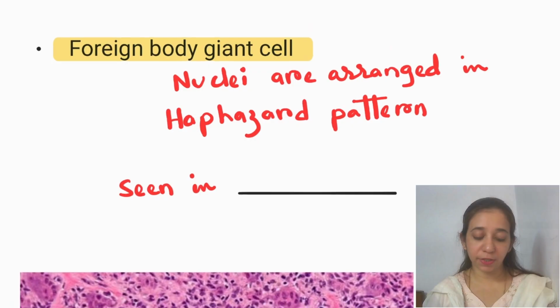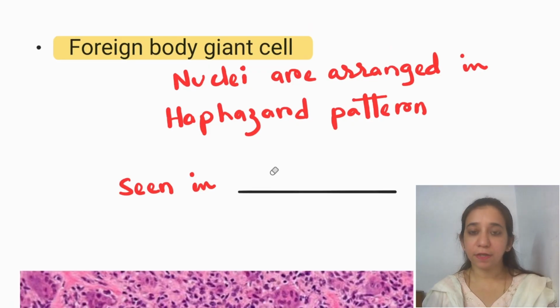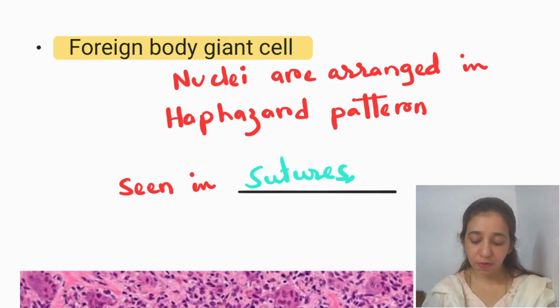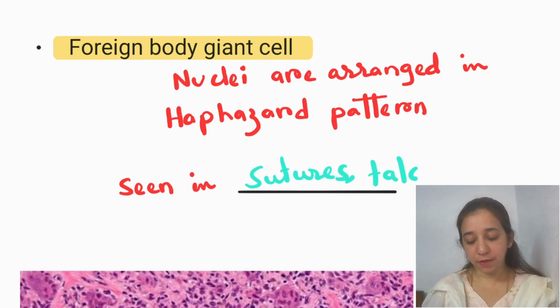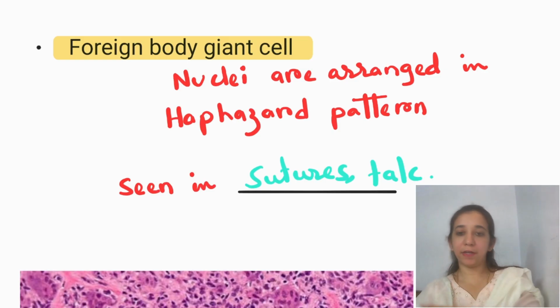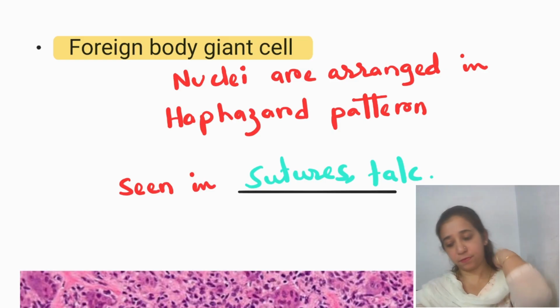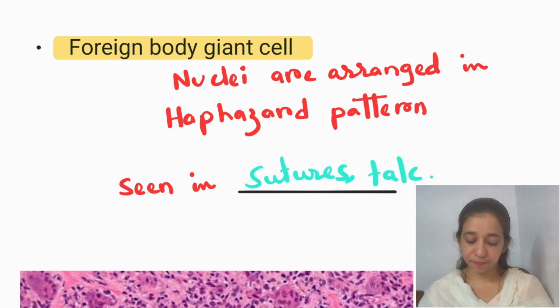The foreign body giant cells are seen in case of sutures or talc material if left inside the body for a longer period.